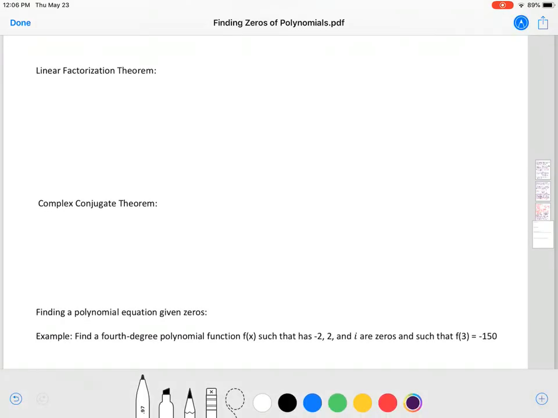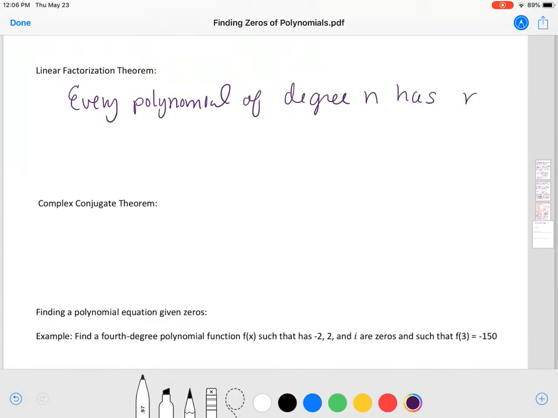Okay, so the linear factorization theorem, we kind of already hinted at this, but now we can formally write it down. Every polynomial of degree n has n linear factors when we write it in factored form, and therefore has n zeros.